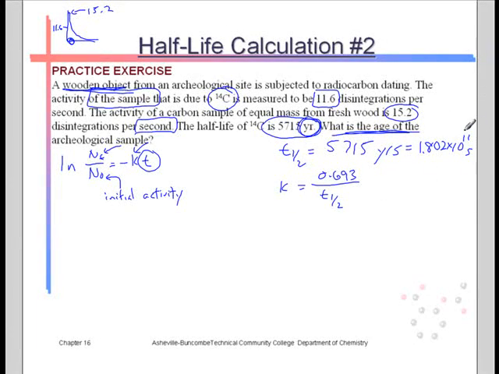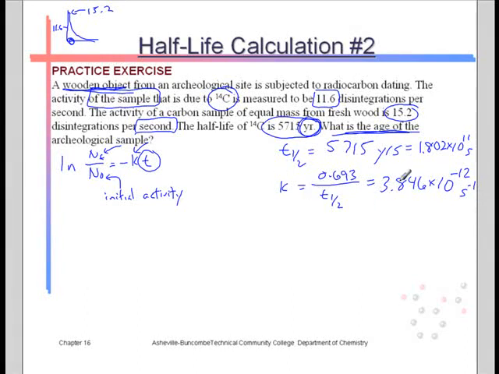Okay, so now we have the half-life in terms of seconds. If I plug it into this expression, I'm going to get a k value of 3.846 times 10 to the minus 12 inverse seconds, which you may have forgotten, but that is the unit for a first order rate constant.